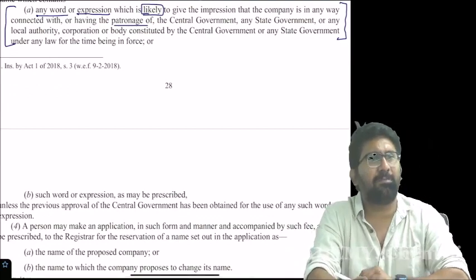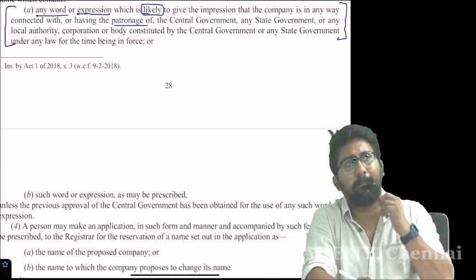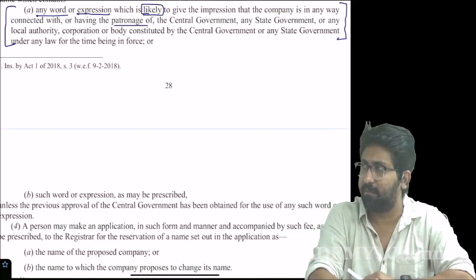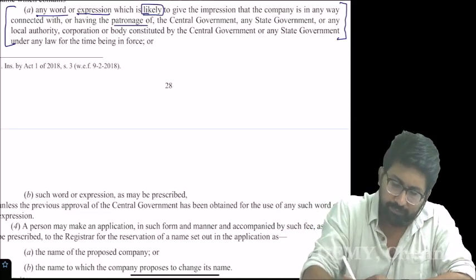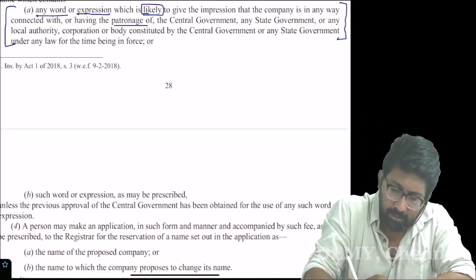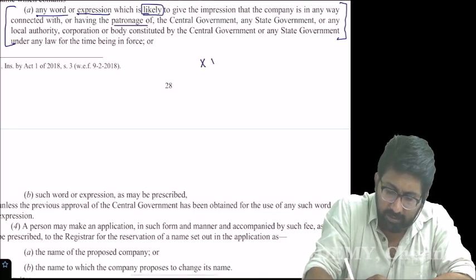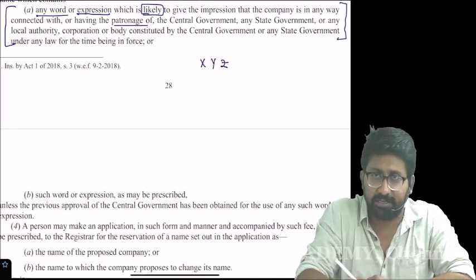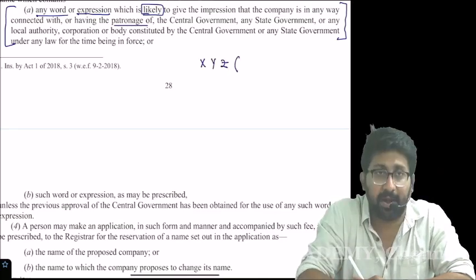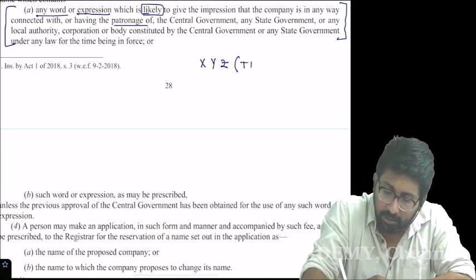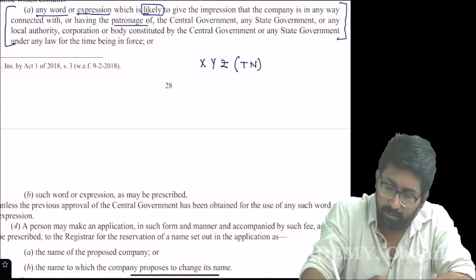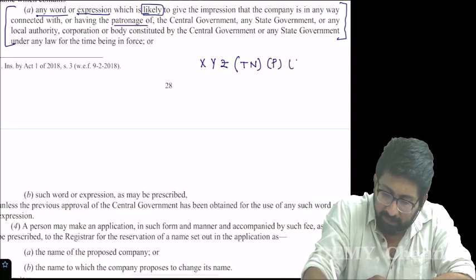My company is an absolute private limited company or a public company, whatever the case may be. So I use the word XYZ in the brackets, private limited.